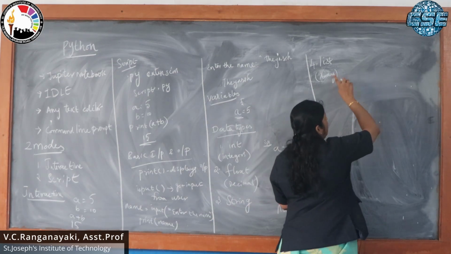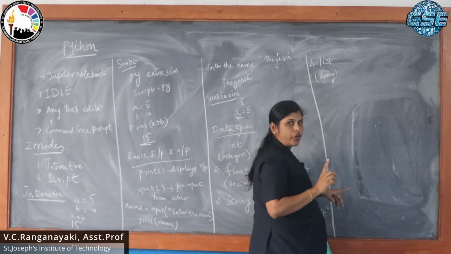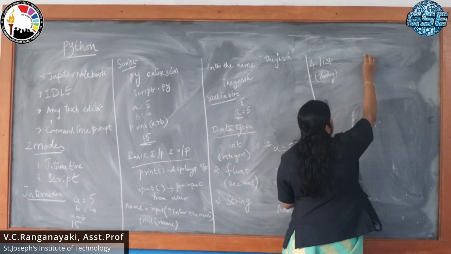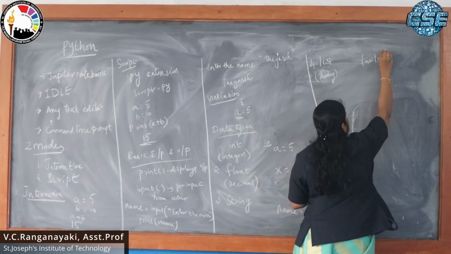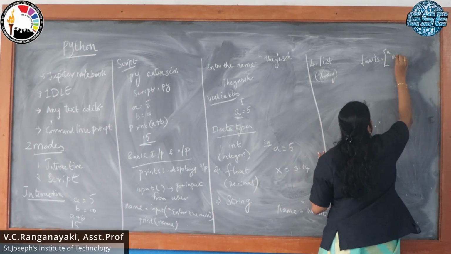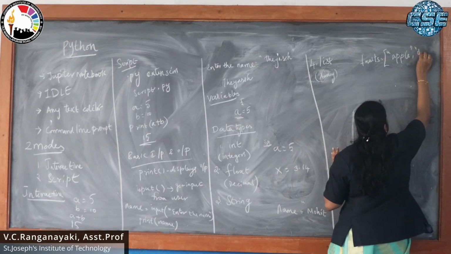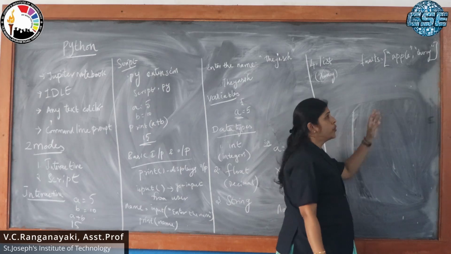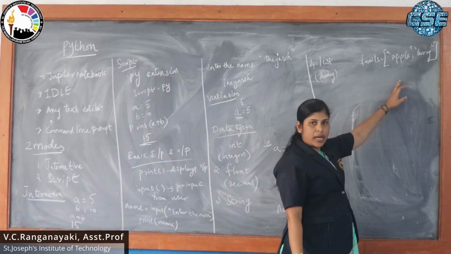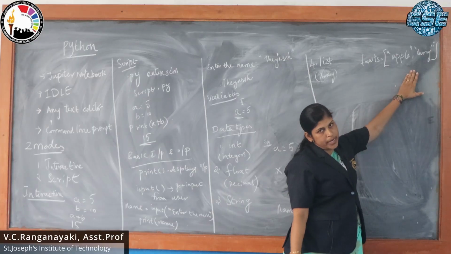List is defined by using square brackets. For example, I'll take fruits equal to apple, cherry, right? Only 2 items I want to buy. So I'll create a list with 2 items only.